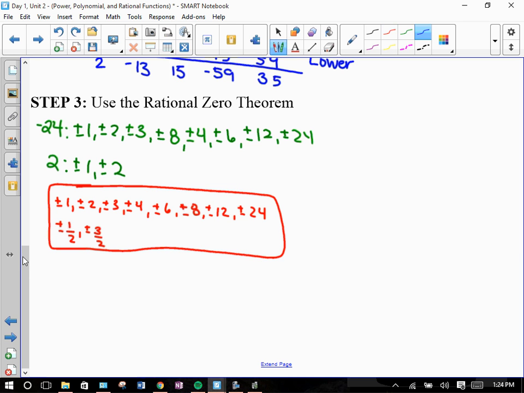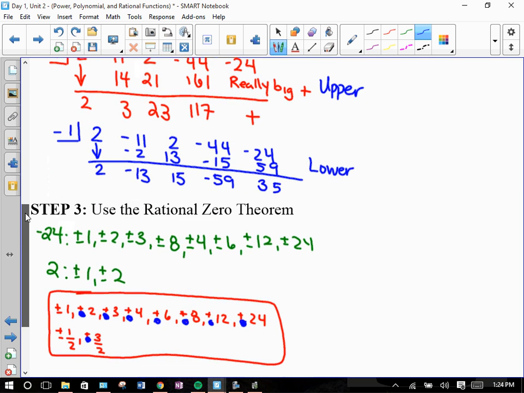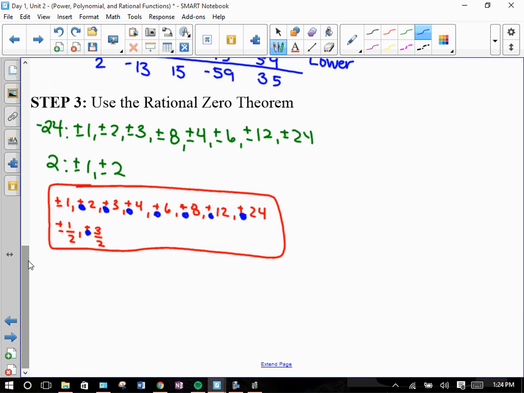Now, we just said anything lower than negative 1 cannot be a zero. So that's gone. All of these are gone. We almost eliminated half the possible choices. And we know anything bigger than 7 is out of there.